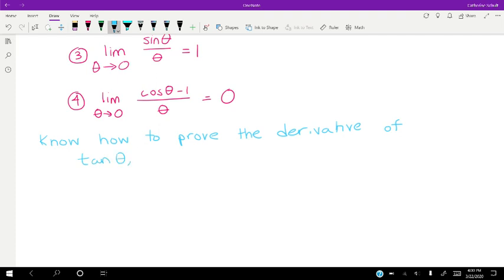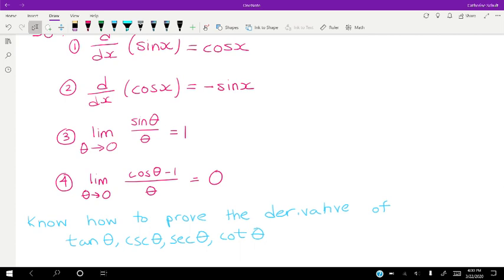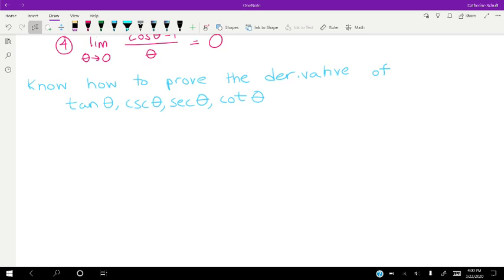So tan theta, cosecant, secant, or cotangent. And the reason why is because all of these can be written as some kind of quotient using sine and cosine. And we know how to find the derivative of quotients. So know how to prove the derivative of these.